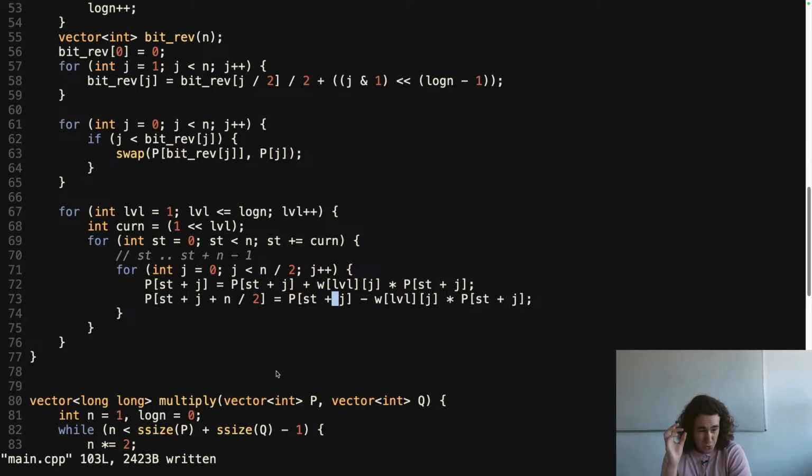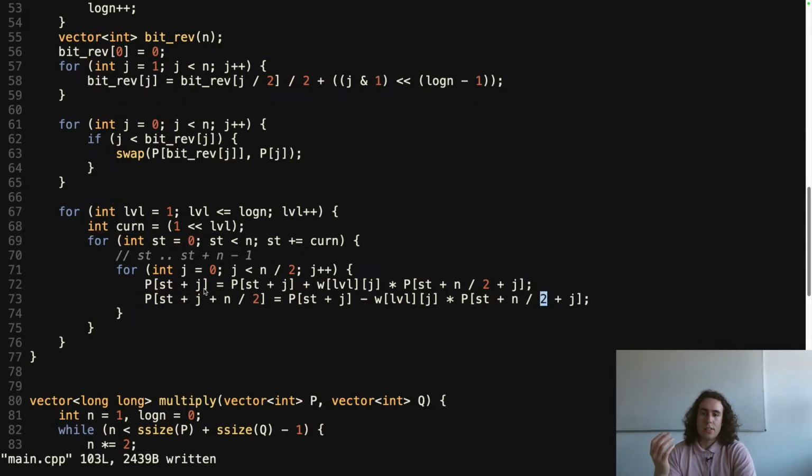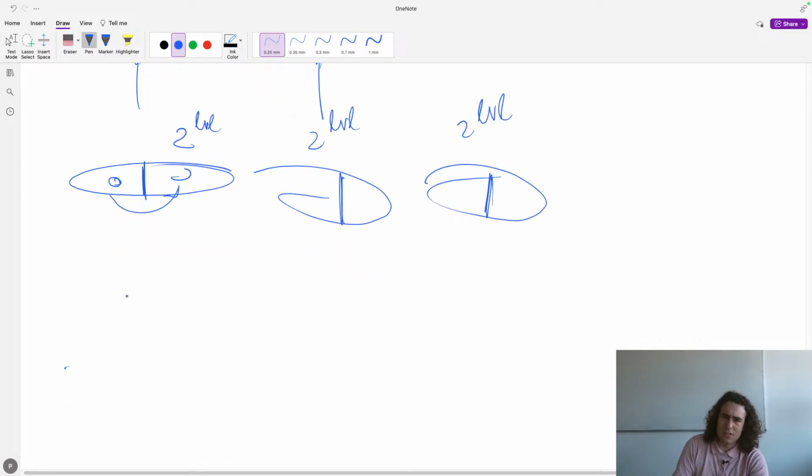And this way we get our calculation. There's one problem. And this problem is that we're recalculating two values using the same values. Wait, I did something wrong. It should be st plus n half plus j, because this is p even. Let me draw it first so that you understand it.